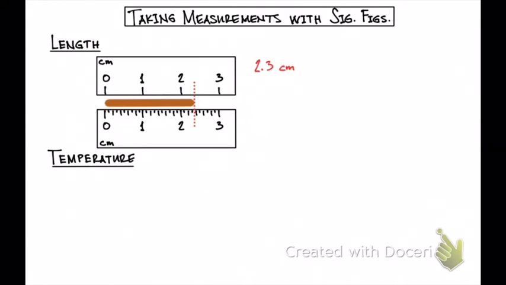With the second ruler at the bottom, ruler B, you know that it's at least 2.3 centimeters. Okay, and then you would have an estimated digit for the second ruler, and it can be anywhere between 1 and 9, right? You could report it as 2.35, you can report it as 2.36, 2.34.